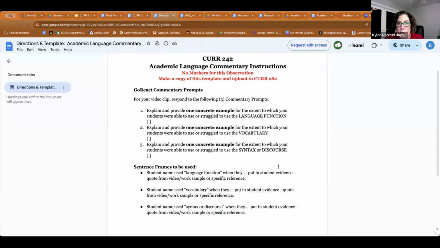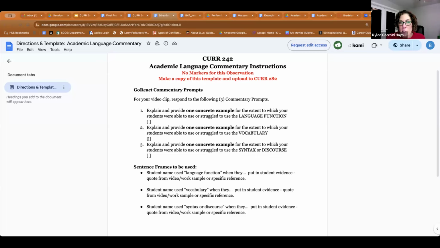And also be clear, let's say you're talking about the concrete example for vocabulary, you're talking about the Frayer model work sample, for instance. You're being really specific with your field supervisor what you're referring to. Are you referring to the video? Are you referring to the work sample? Or if you've had two videos, which video are you referring to? Okay.